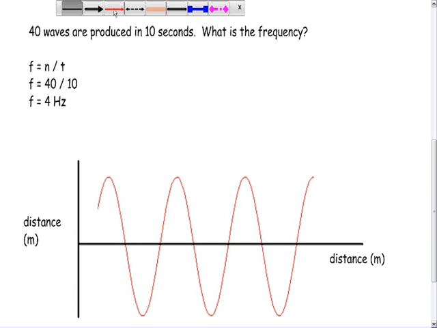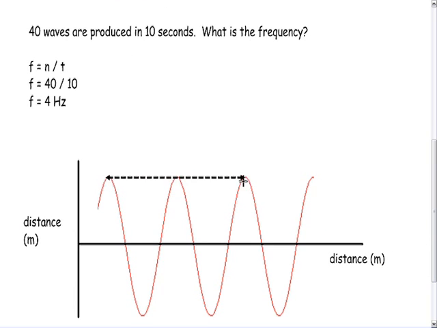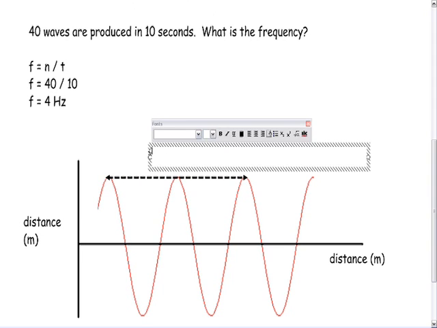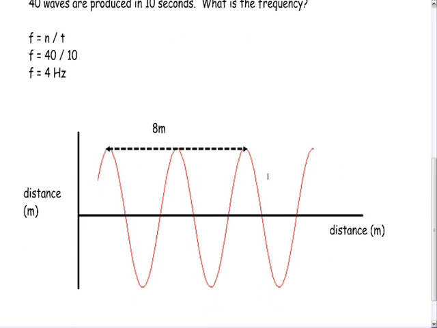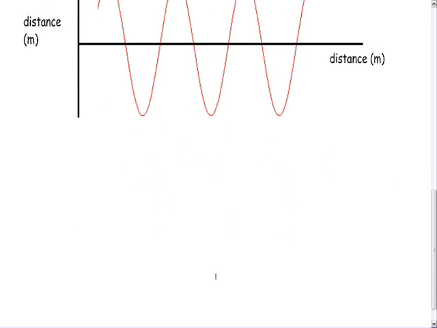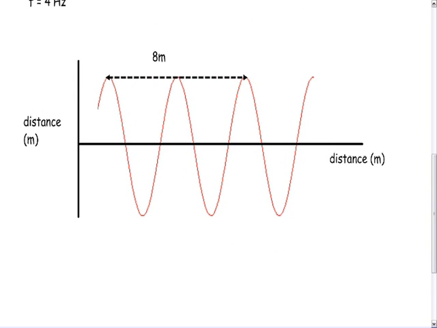It says this length here, all the way across, is 8 meters. I want you to find the velocity. The first thing you realize is that they haven't given you a single wavelength, they've given you 2. A single wavelength is from here to here, just half that distance.